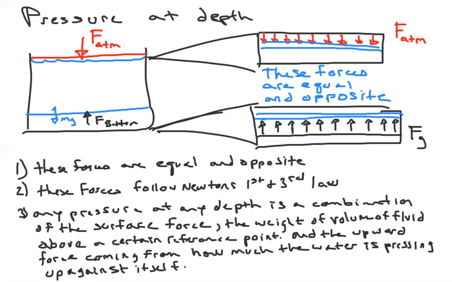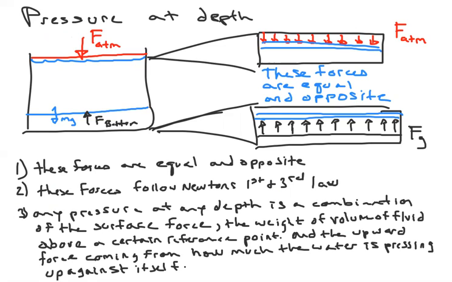So what's going on? We know that the atmospheric pressure right at the top is pushing down on a container of fluid. The container of fluid has a point where the liquid starts and where the atmosphere begins. And so the air around that liquid is going to push down on it. And then what's going to happen?